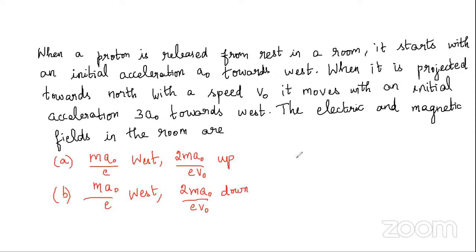Then option C, m a naught by e east, comma 3 m a naught by e v naught up.